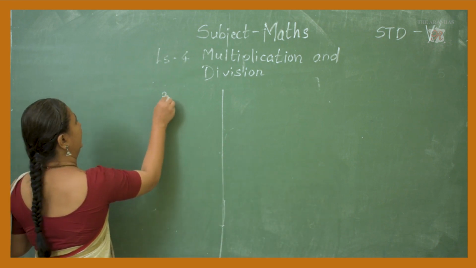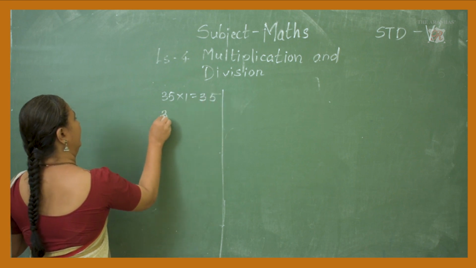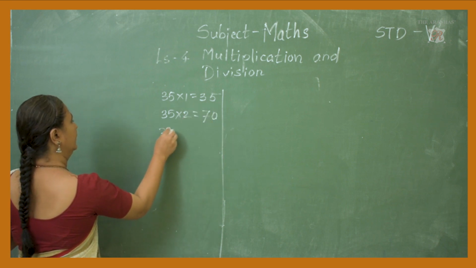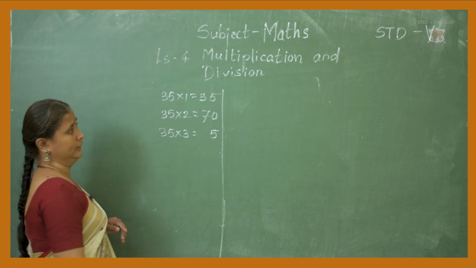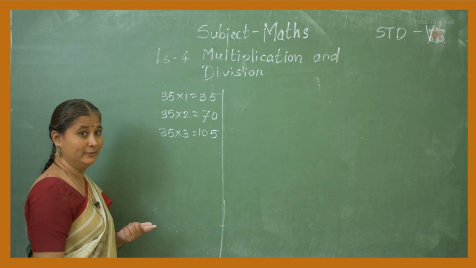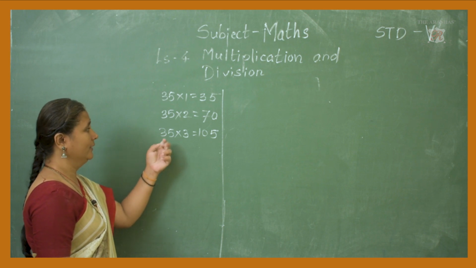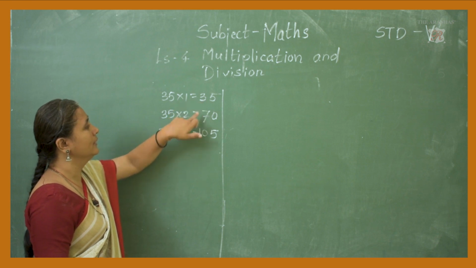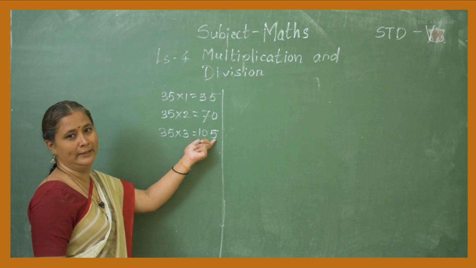So start the table of 35 first. 35 into 1, 35. 35 into 2, 70. 35 into 3: 5 as it is, 7 plus 3, 10. I am doing the multiplication also. But here, when we add the further two numbers, then we are getting the third number. So 35 into 3, 105.